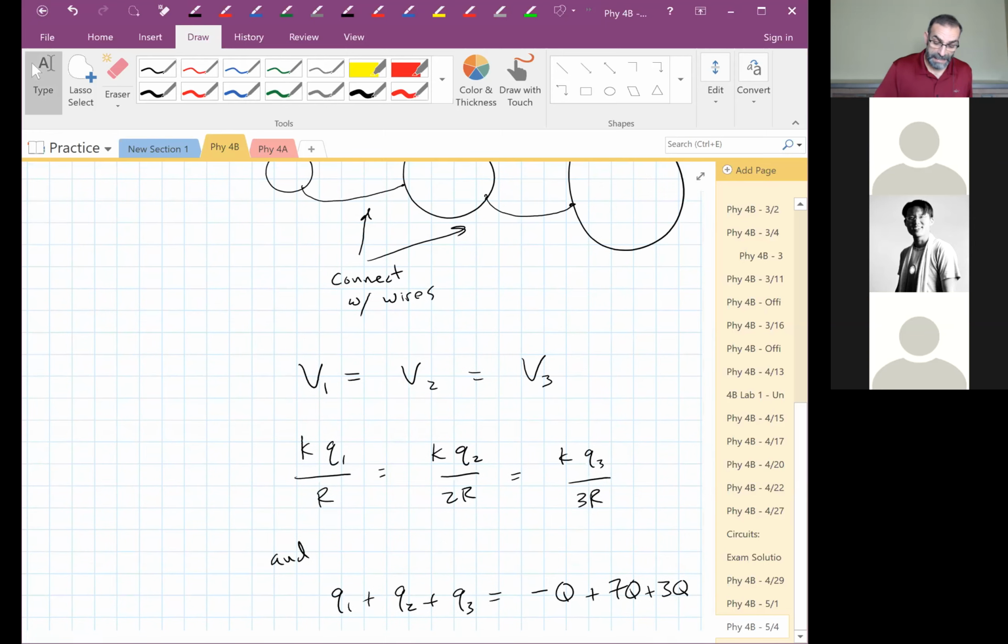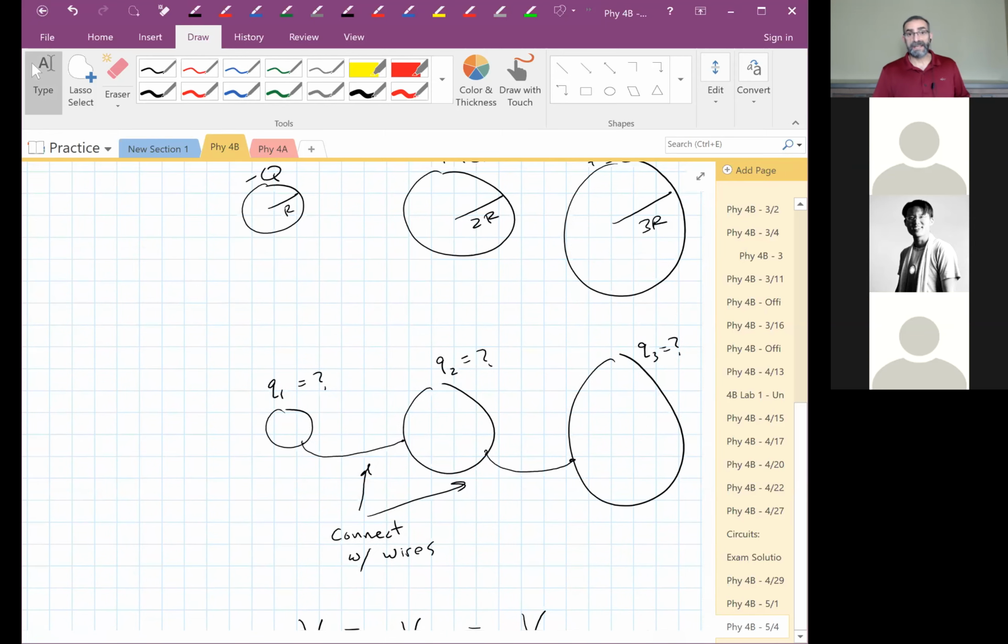But that's the reason. So when the radii are the same, the charge splits equally. But when they're different, the potential has to be the same on all those surfaces, and the charge distributes to make them an equipotential surface.